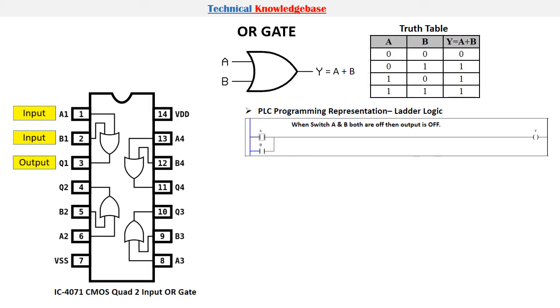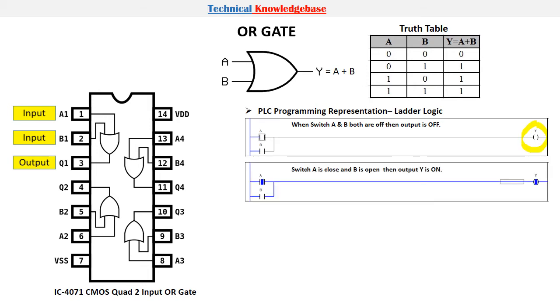Here when A and B are off, you can see that when both switches are off, the output is 0, low. When any one of the inputs is on, then output is high.